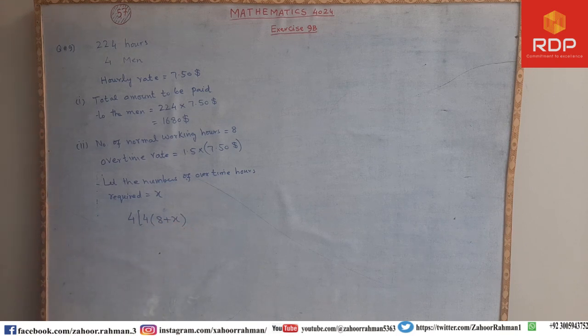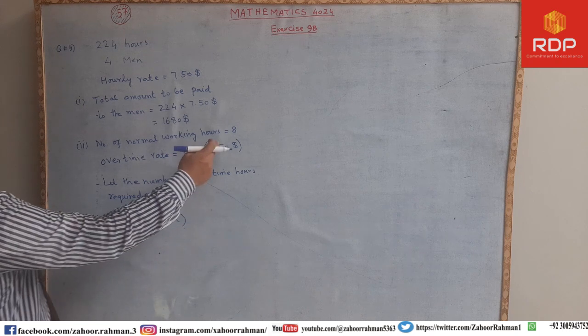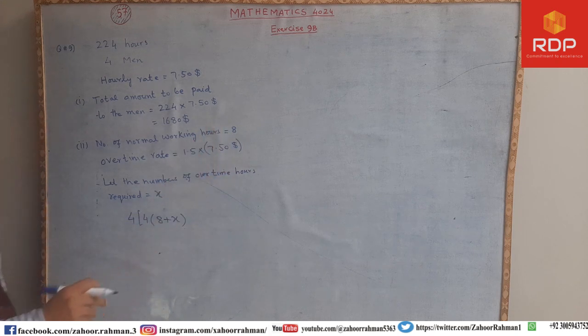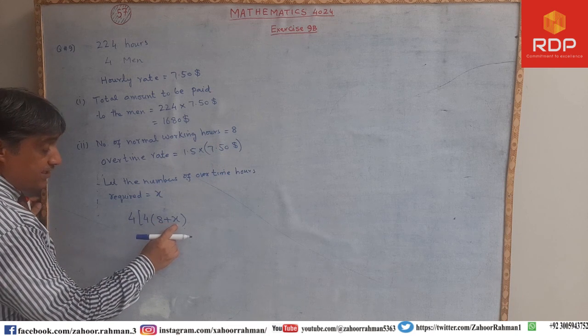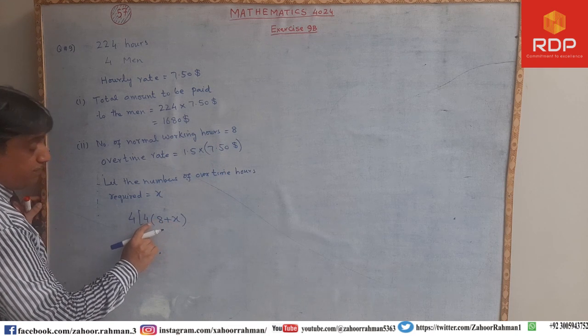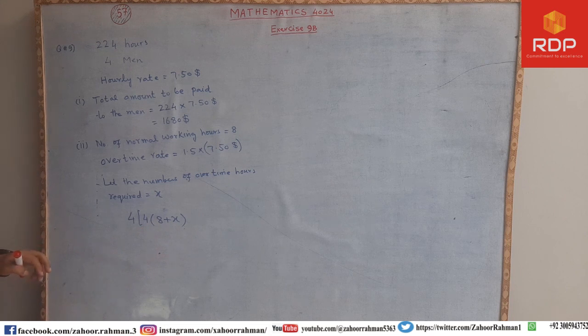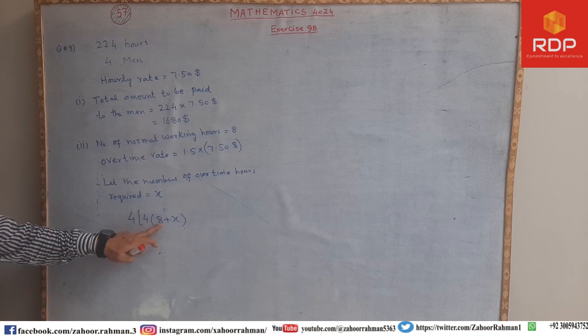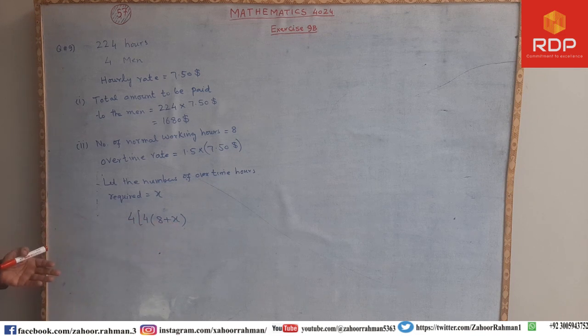The normal is 8 total working hours. 8 hours they are working, and with the overtime by these 4 men for 4 days. This is days, men, normal working hours plus x.